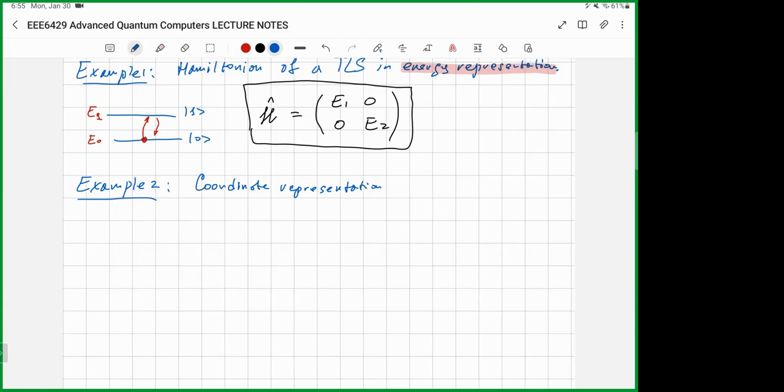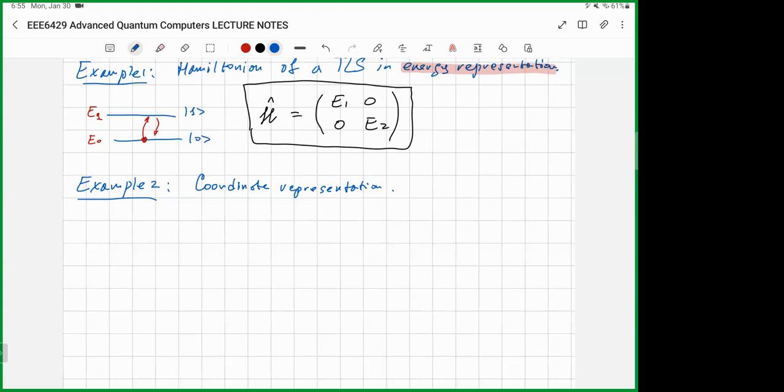But there is another very important representation. It's called coordinate representation. In this representation, we are actually interested in trajectories of particles, interactions of particles, etc.